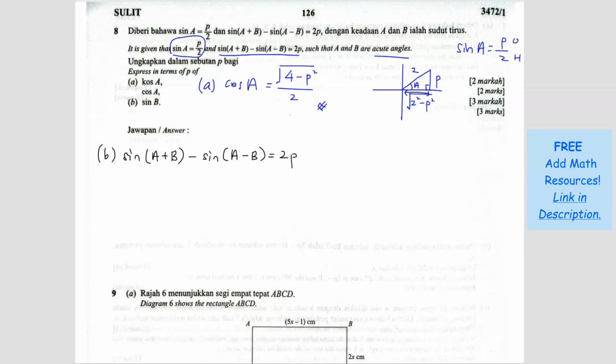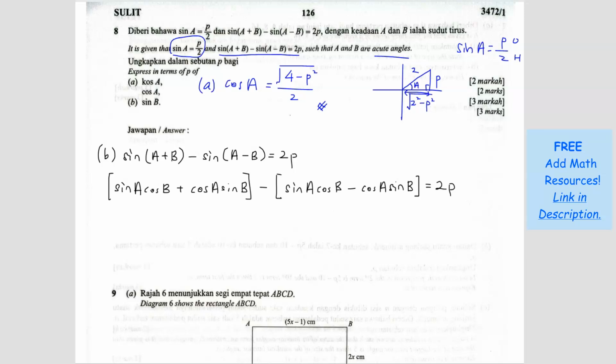Sine A plus B is the same as sine A cos B plus cos A sine B. This is the first property, and we can do the same thing for the second one.